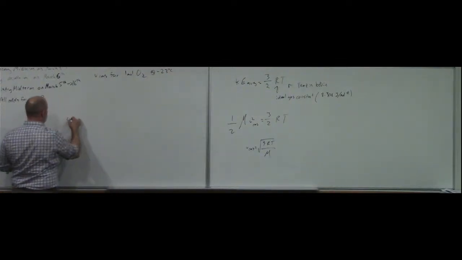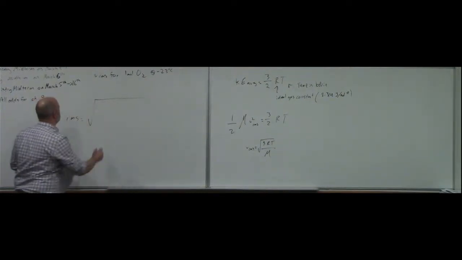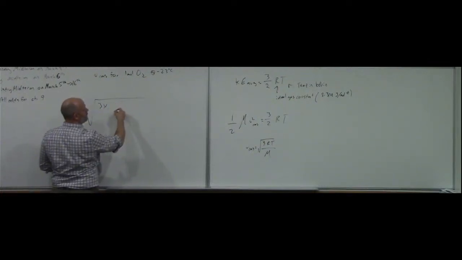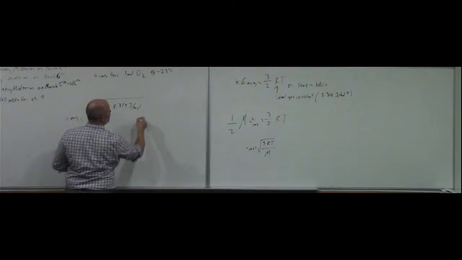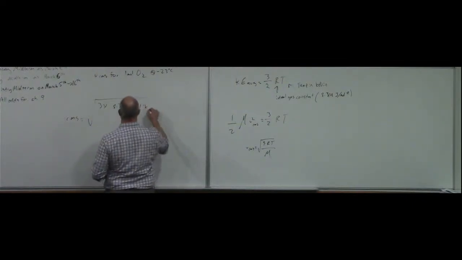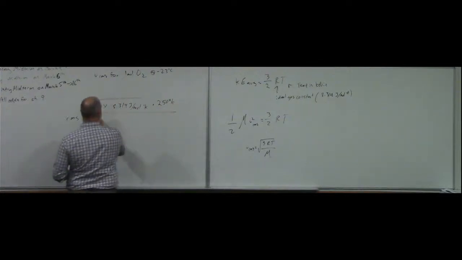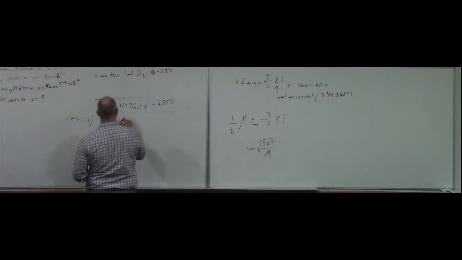So RMS equals, I need 3 times, which constant am I using? 8.314. 8.314 joules per mole degree Kelvin, right, times my temperature of, so it's going to be, what, 250 degrees Kelvin, right, over 16.02 divided by 1,000, so 0.0.